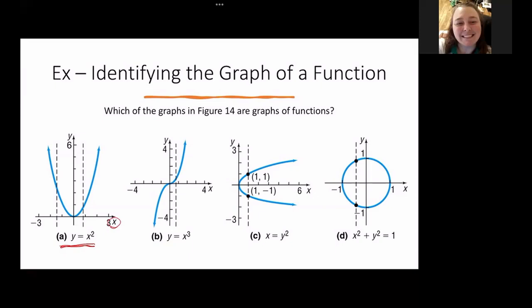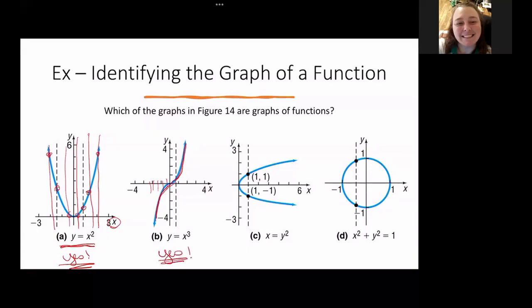Vertical is up and down, so every time I draw a line, we need to make sure it hits that blue curve only one time. This one does, so it is a function. Okay, vertical line test for B here. Again, no matter where I draw a line, it is only going to touch that blue line one time.